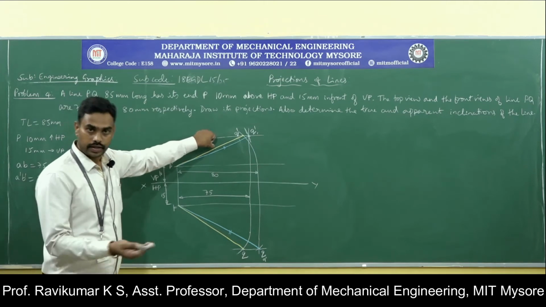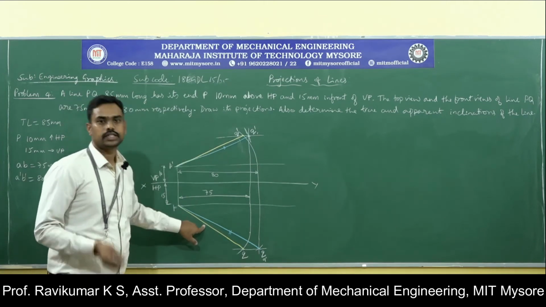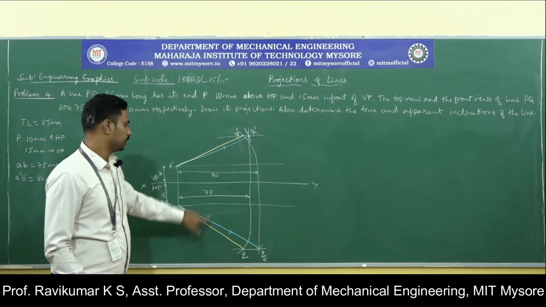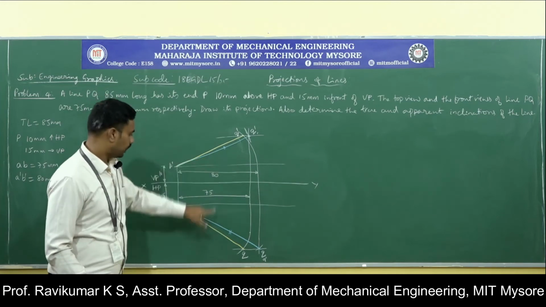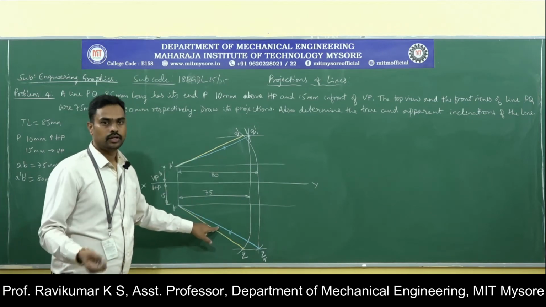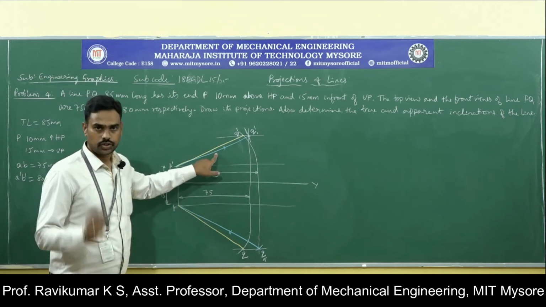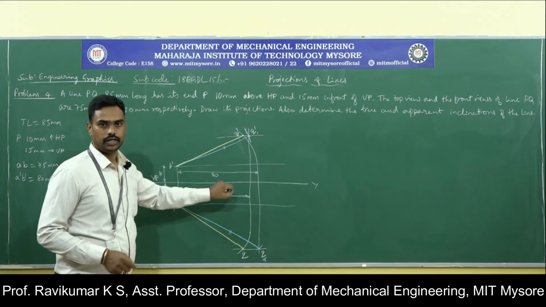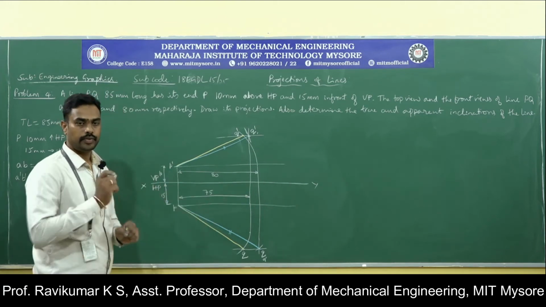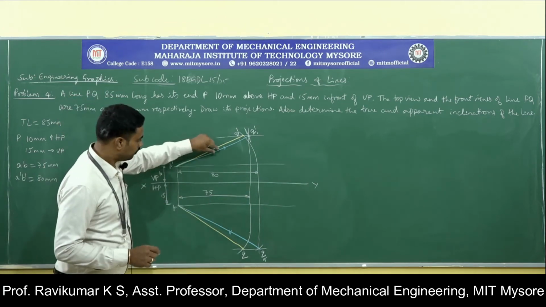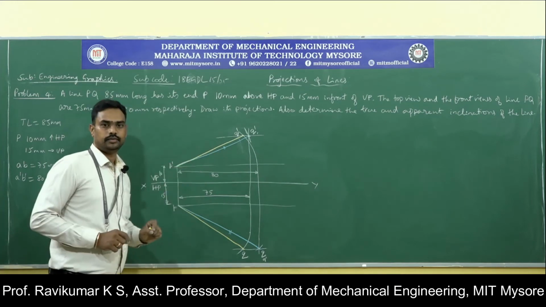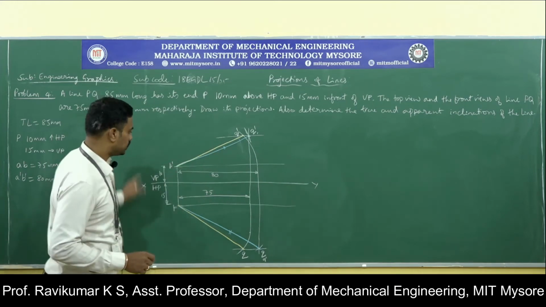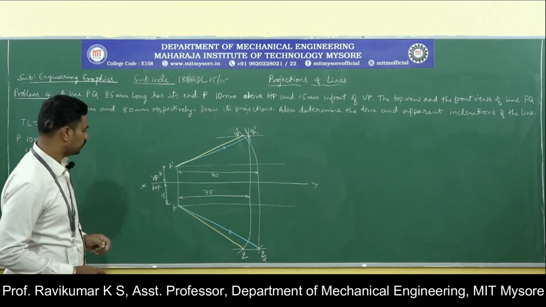The line drawn in yellow color is the apparent length, which should be darker. The line drawn in blue color is the true length, which should be medium thick, and all other lines drawn in white color should be thin. You need to maintain the thickness: dark, medium dark, and thin. This convention you need to follow.